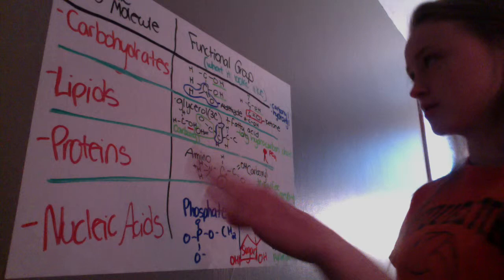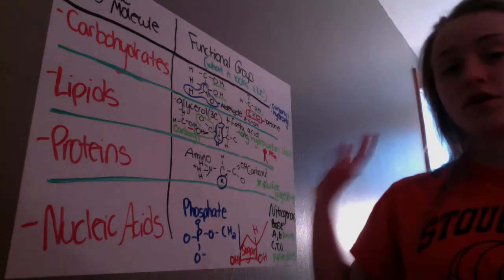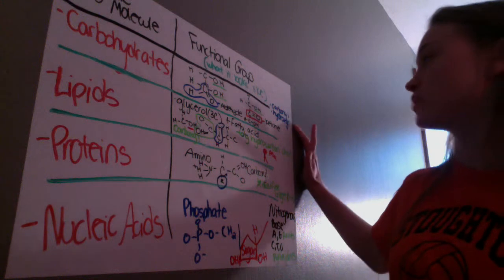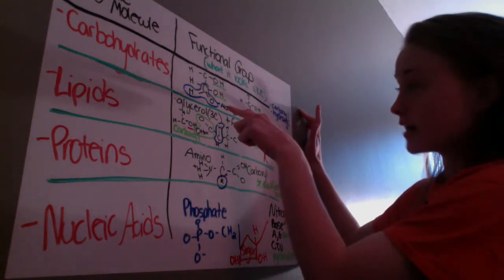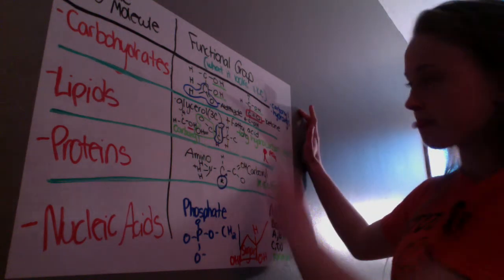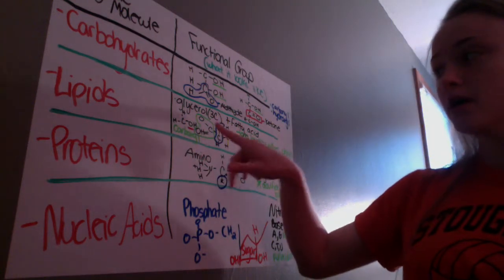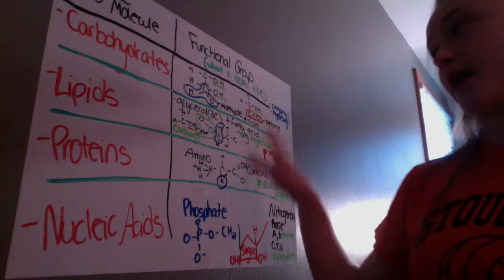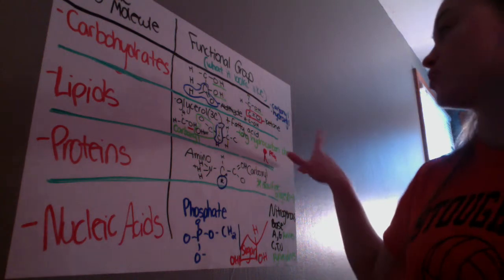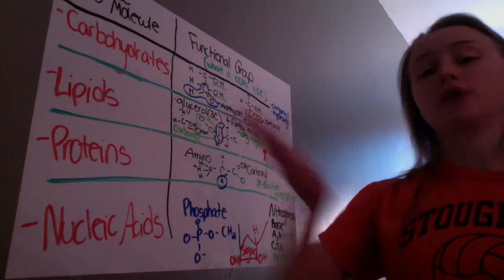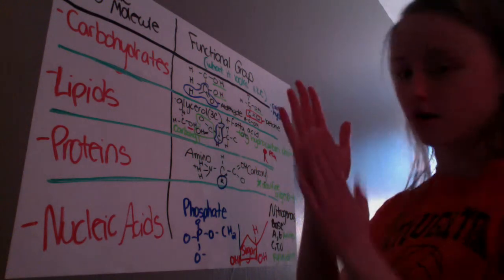So these are the main ones. I'll go over their linkages and the functional groups right now. For carbohydrates, we have carbonyl and hydroxyl, carbonyl, aldehyde, and or ketone in the middle. Then for lipids, we have carboxyl right here, and that will be on the fatty acid chain. We also have hydrocarbons on the fatty acid chain, and a hydroxyl group on the glycerol, which is an alcohol molecule.